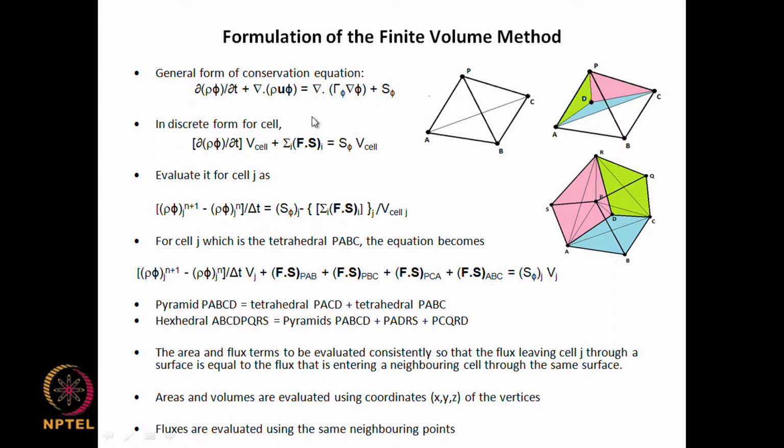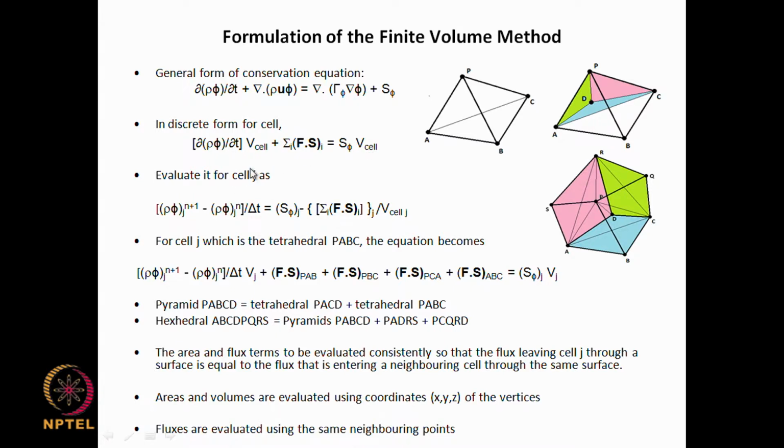The discrete form is what we have just now shown, and if you evaluate it for cell j, and if you write this dou phi by dou t in this form, for example using first order, forward in time, rho phi of cell j at n plus 1 minus rho phi of cell j at n divided by delta t is dou phi by dou t for cell j.